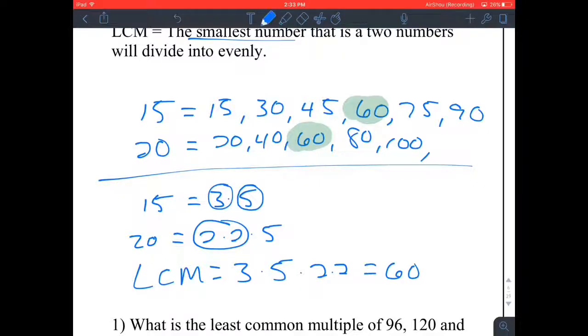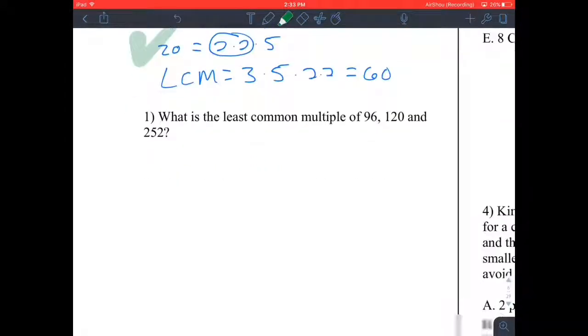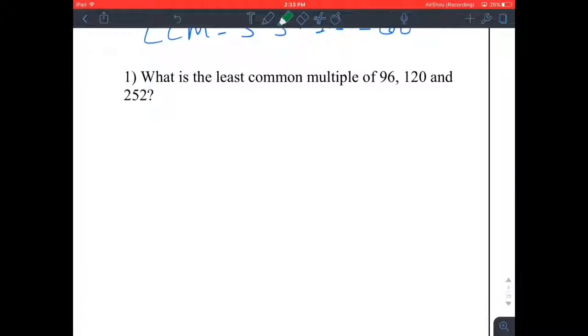So, depending on the problem, this first method could be faster, but if it's really big numbers, then this method is much faster. So let's look. What is the least common multiple of 96, 120, and 252?